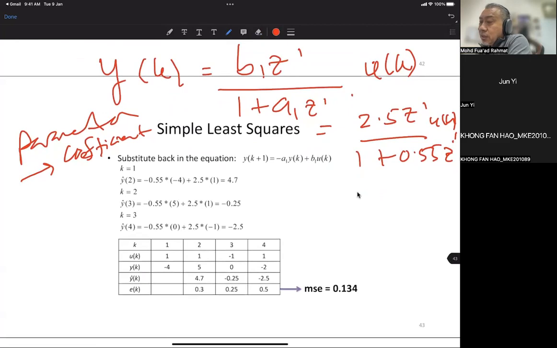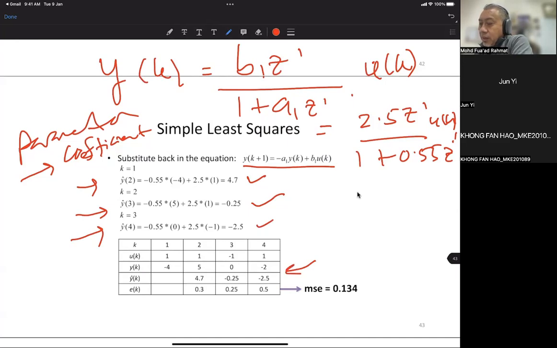So using the formula again, you substitute the k value. So k equal to 1, 1 plus 1, so estimation y2, you will get 4.7. K equal to 2 gives minus 0.25, and k equal to 3, y estimation 4 is minus 2.5, which is over here.